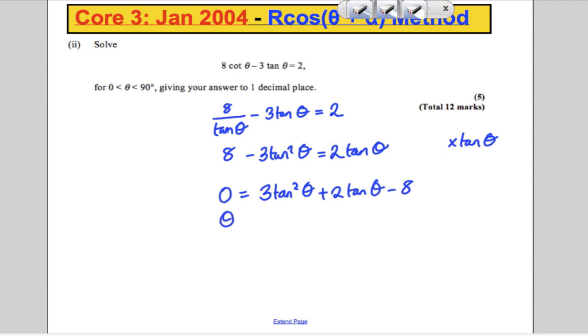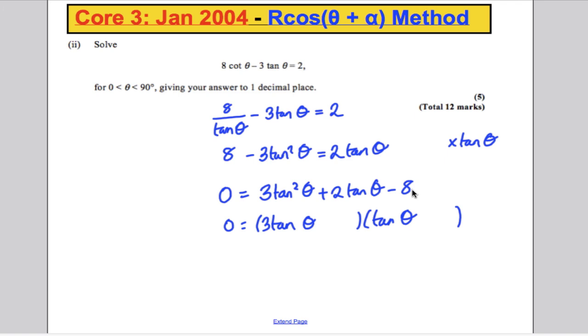We would have 0 is equal to 3 tan theta here, and we want to get ourselves multiplying up to 8. So what we could do is we could say, what about plus 2 here, subtract 4 there.